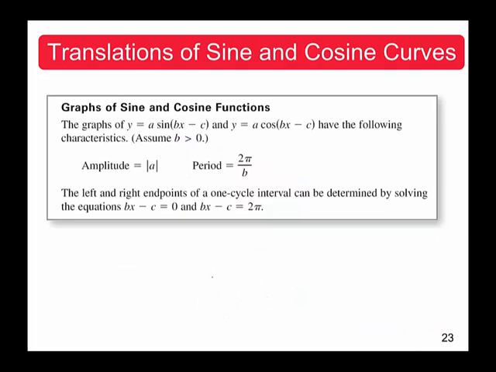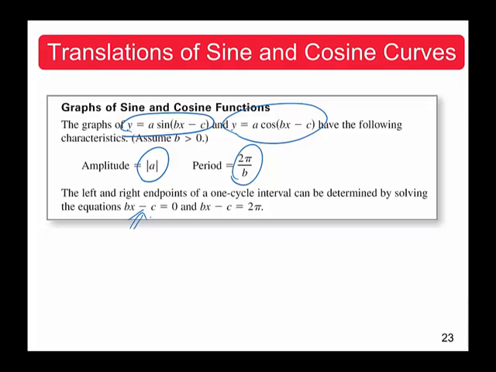And now the graph of the sine and cosine functions. Let's say y equal to a times sine of bx minus c. The other one is y equal to a times cosine of bx minus c. Period is 2 pi over b. Amplitude is the absolute value of a. Left hand point comes from bx minus c equals 0.